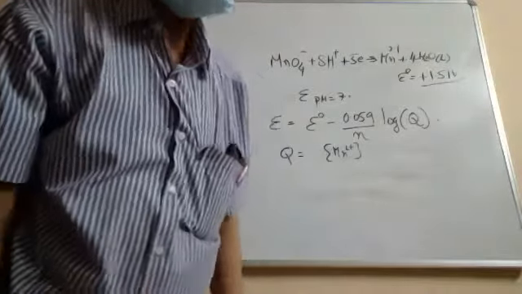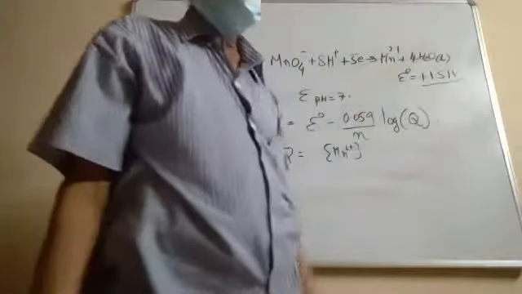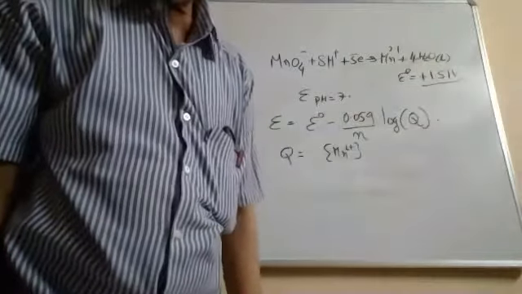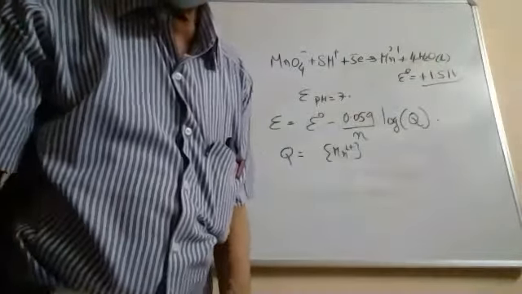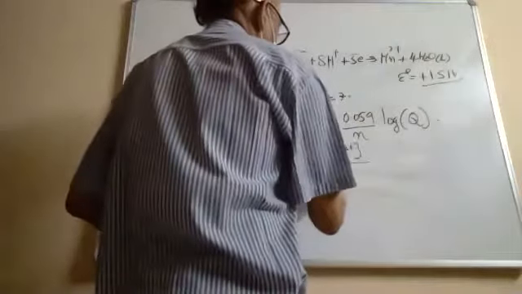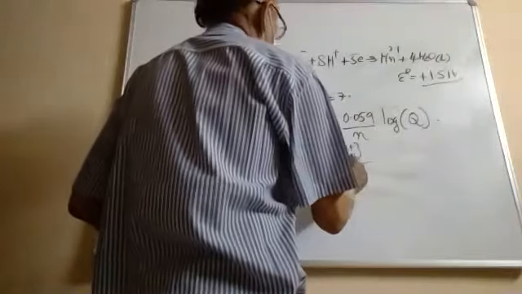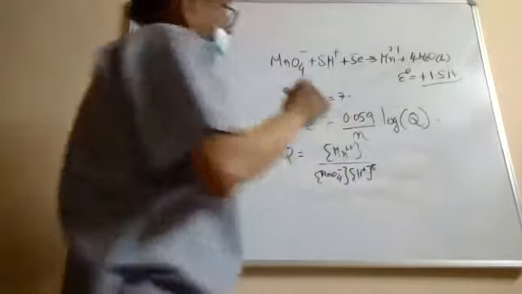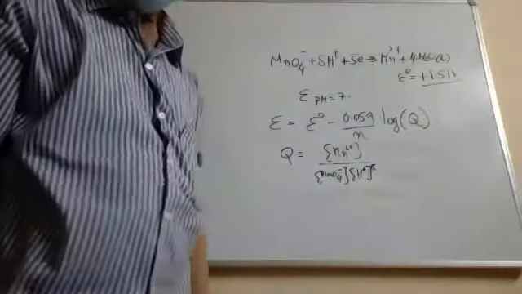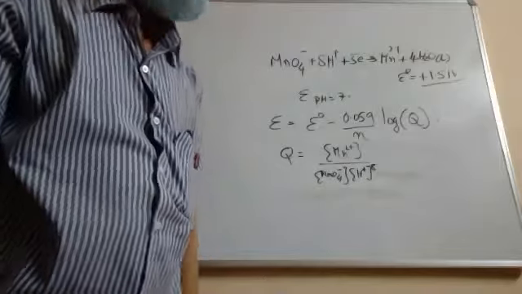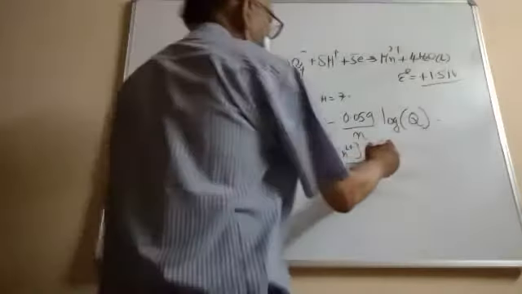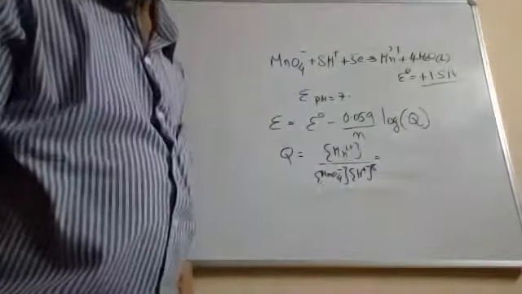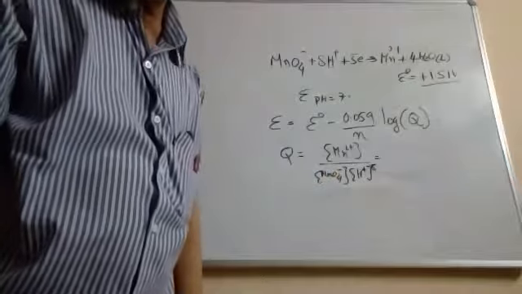So if the physical state of a substance is either a liquid or a solid, they are not used in the equilibrium constant calculations. So that divided by the concentration of MnO4 minus times the concentration of H plus raised to the power of 8. That will be the expression. Now, as I said, the concentrations of all the others are kept at 1 molar.